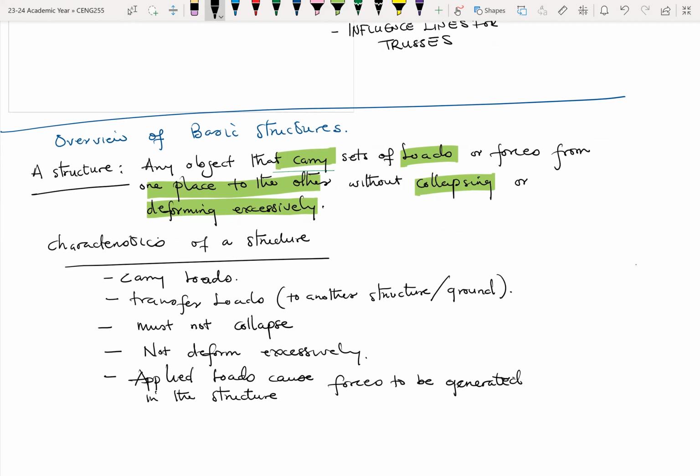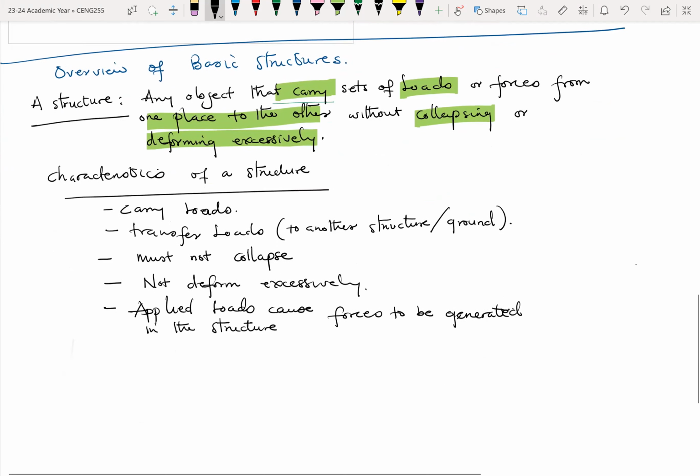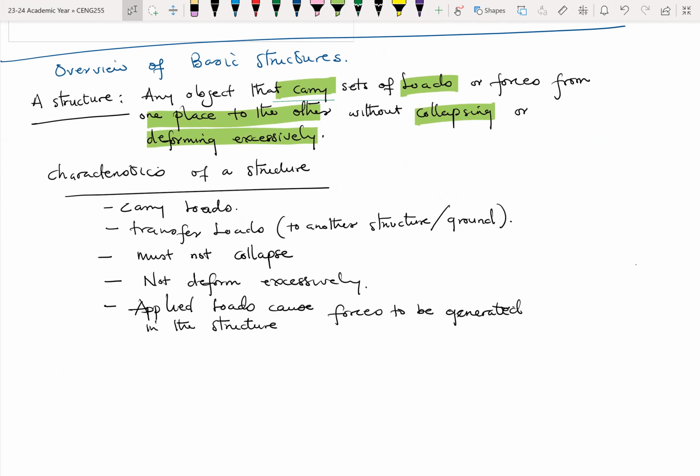And that's one of the reasons why we are able to find some of these internal behaviors, like the axial forces, the shear, and the bending moment. So these are the characteristics of a structure. I believe we know what these things are already, just a recap of them.